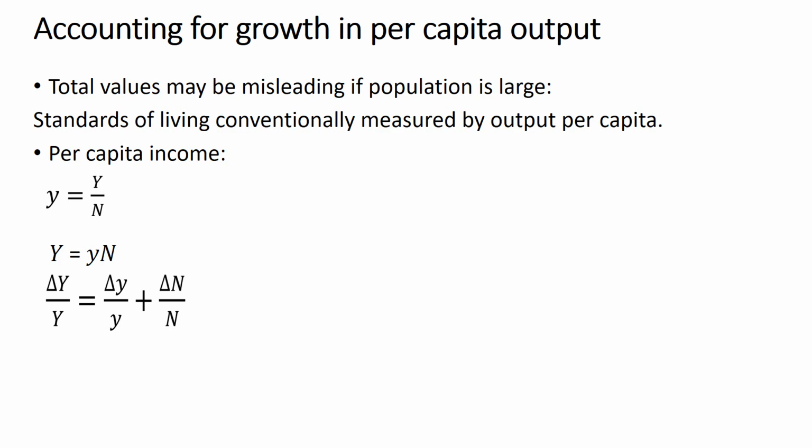Now all of those different growth rates, the output growth rate, the capital stock growth rate, the population growth rate, and technological change, or the rate of growth of technological progress, those are all aggregated levels. They're not per capita levels.